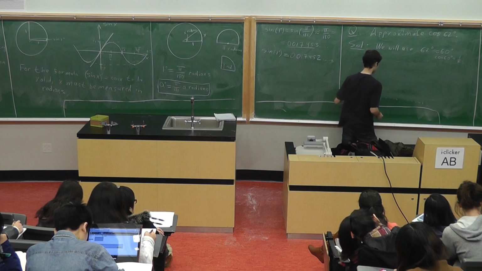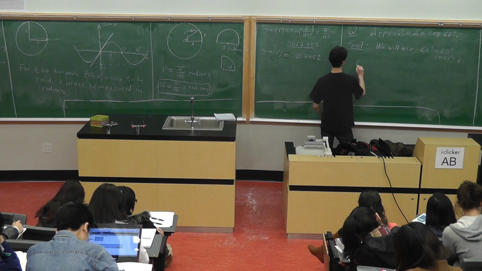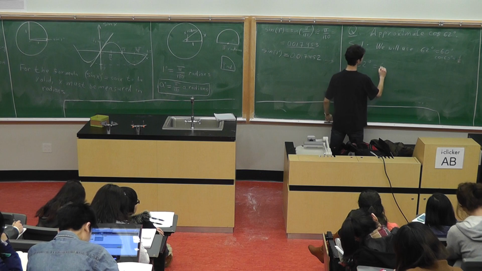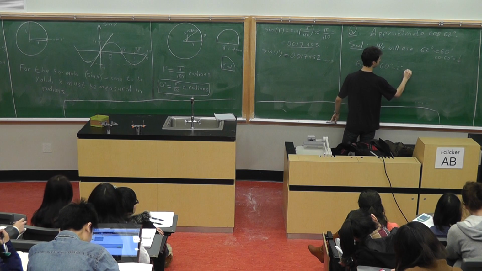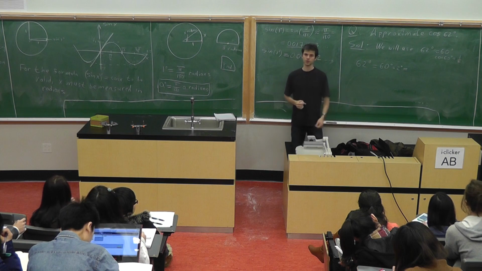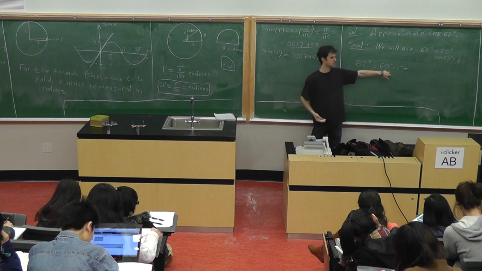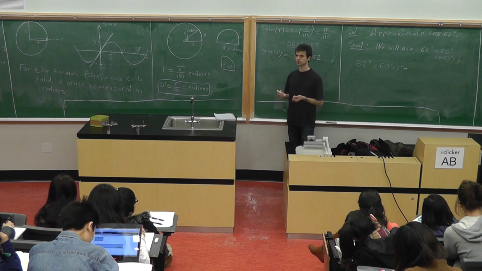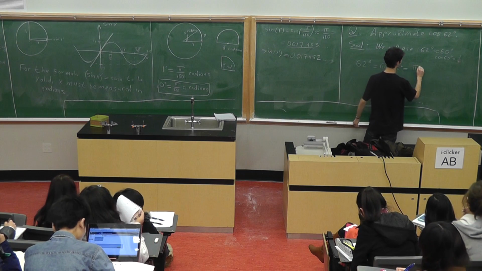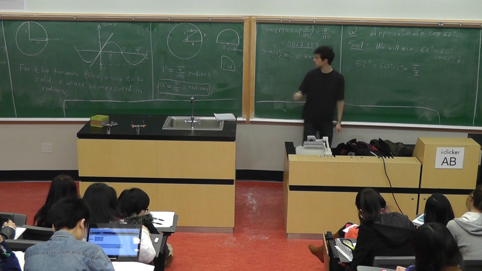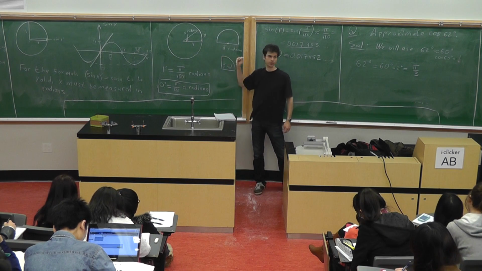So we'll use that 62 degrees is 60 degrees plus another 2 degrees. Now let's convert this to radians. 60 degrees is how many radians? Pi over 3 radians. So 60 degrees is 1/3 of this picture.